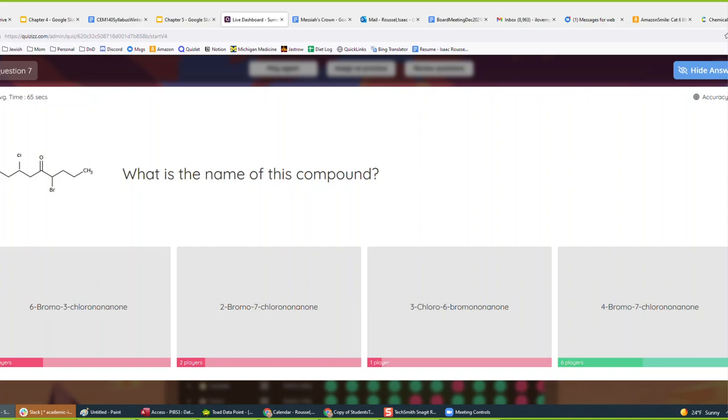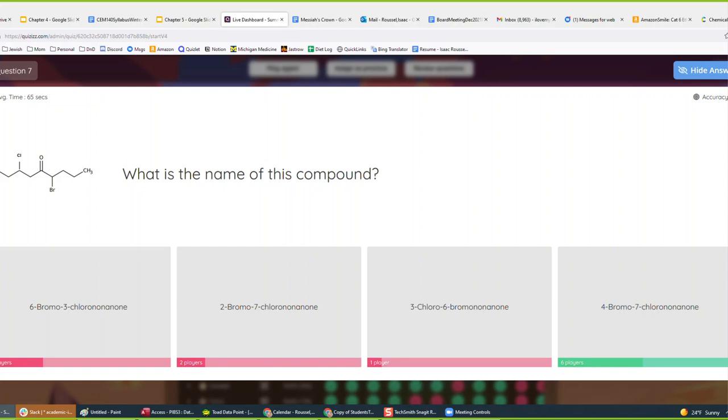But again, you've got this guy here in the middle. It's on the 5th carbon, no matter which side you start at. So again, you want to go with lowest numbers, and so you've got 1, 2, 3, 4, 5, 6, 7, 8, 9, right?